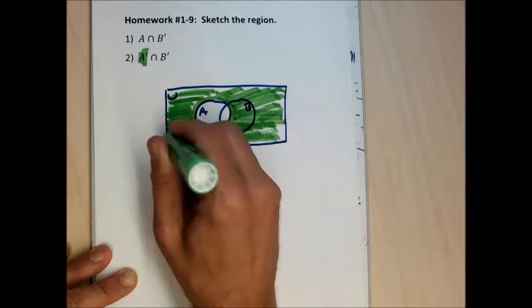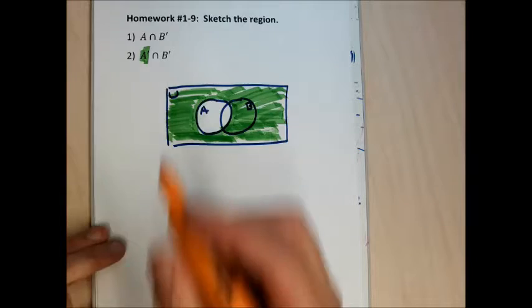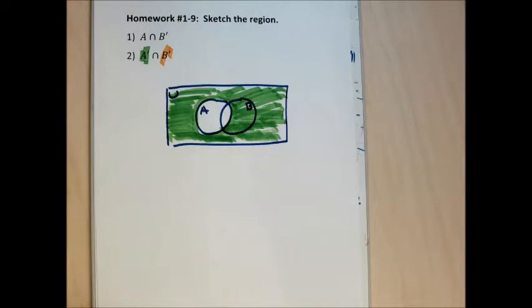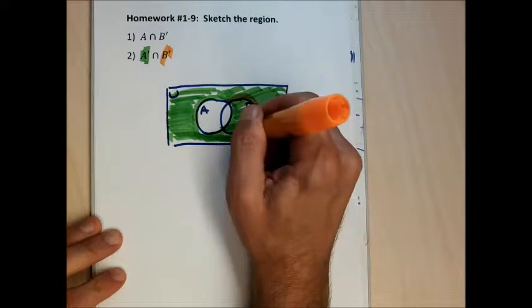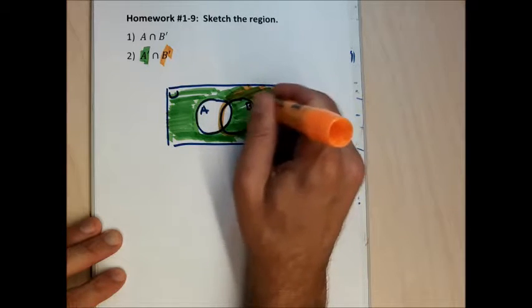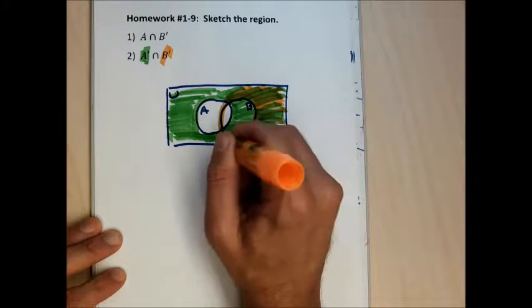So that's a picture of A complement. The only thing that isn't shaded is the A circle. Now, on the same graph, in a different color because I'm doing intersection, I want to show B complement. B complement is everything that's outside the B circle. So I'm making a little ring around the B circle, and I'm shading everything that's outside of that ring.